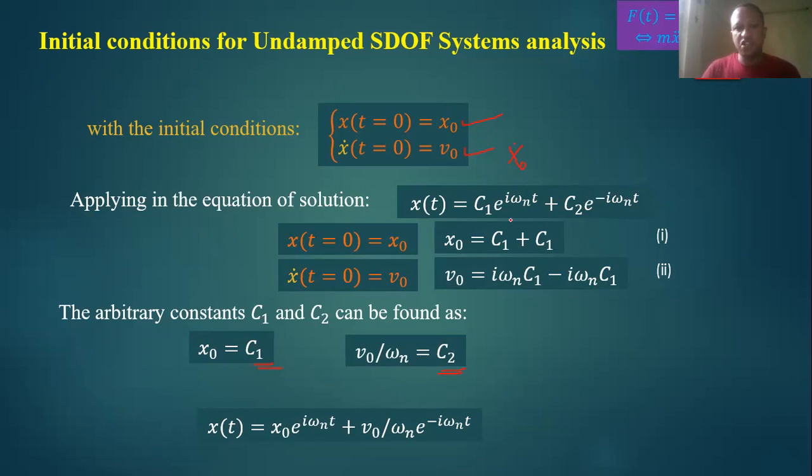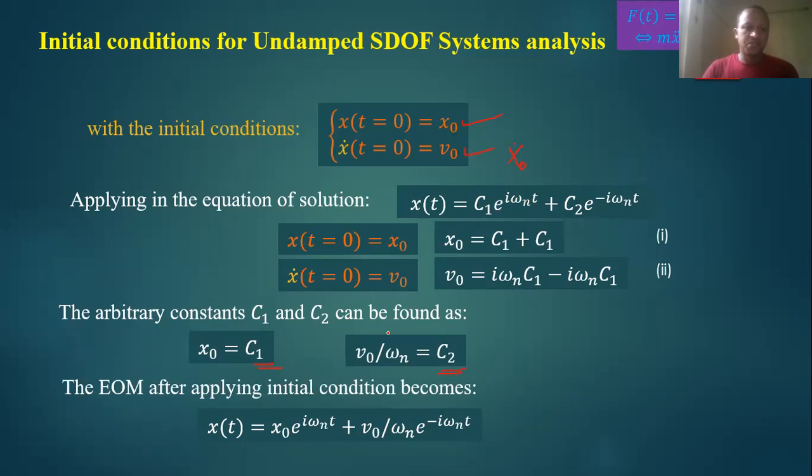This is the exponential representation of a complex number, and how we can relate it with trigonometric relations we will see later. So the equation of motion becomes like this for such given initial conditions.